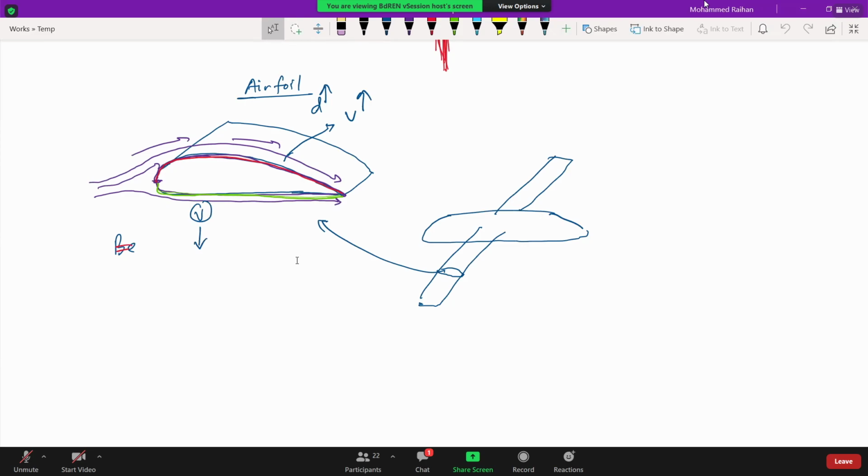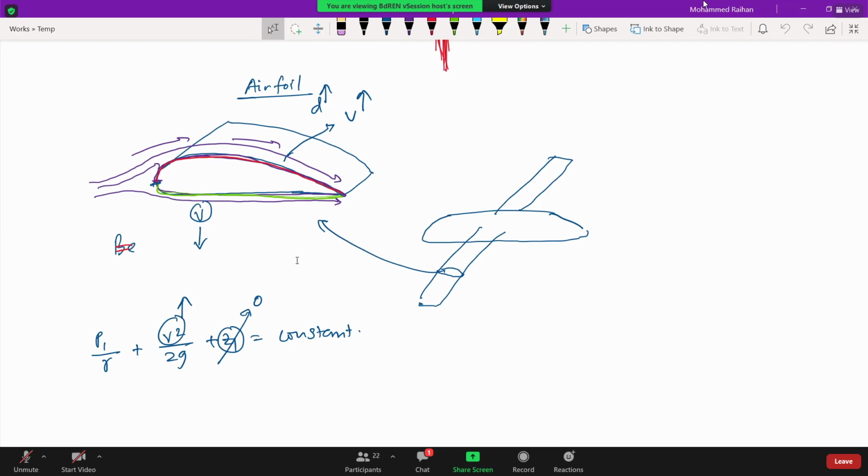So what do we know from Bernoulli's equation? P1 divided by gamma plus v squared divided by 2g plus z1 equals constant, right? If the velocity is more and the elevation is almost constant for both, we can neglect z.